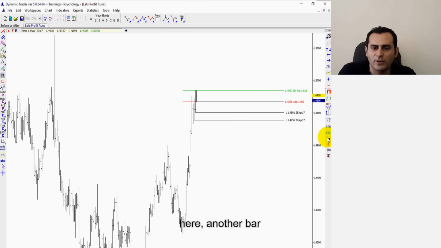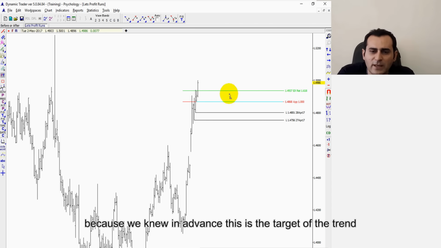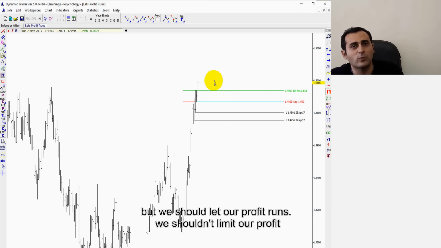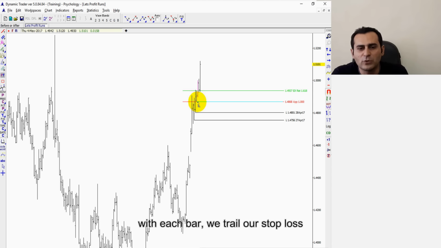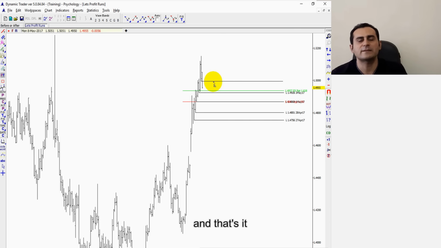Another bar. Each bar I trail it here because we know in advance this is the target of the trend, but we should let our profit run. We shouldn't limit our profit. And again, with each bar we trail our stop loss, and that's it.